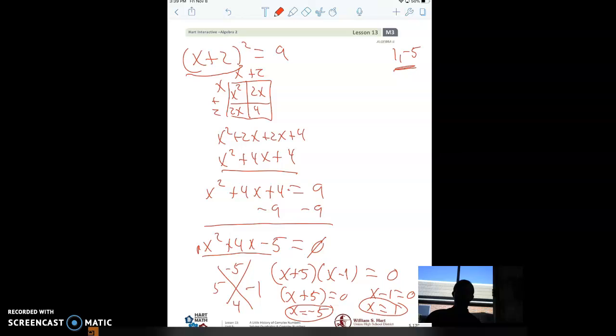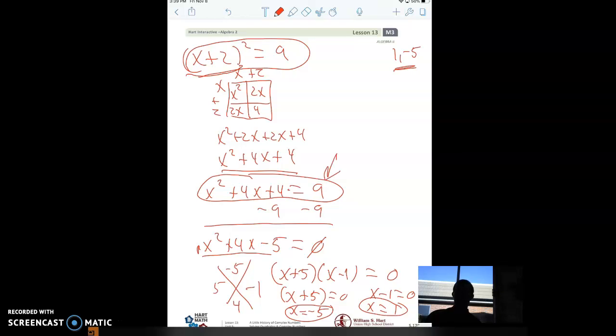The next method would be completing the square. But remember, completing the square requires us to be more in this form right here. I don't want to do the box again. So remember, the original problem was (x + 2)² = 9, which simplified to this, and I'm going to use this version here.